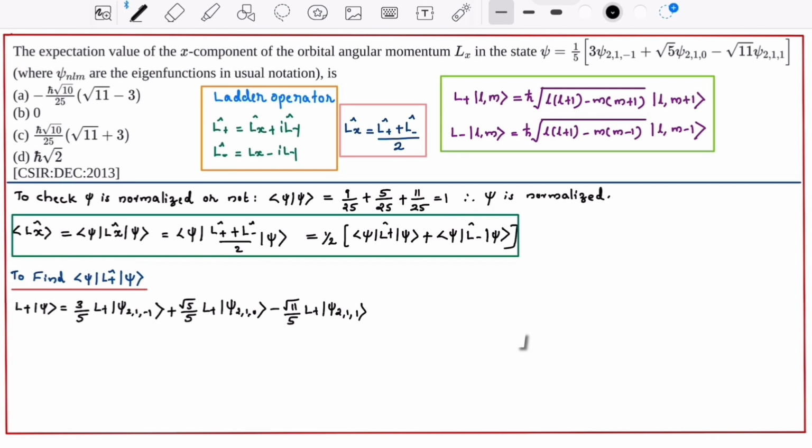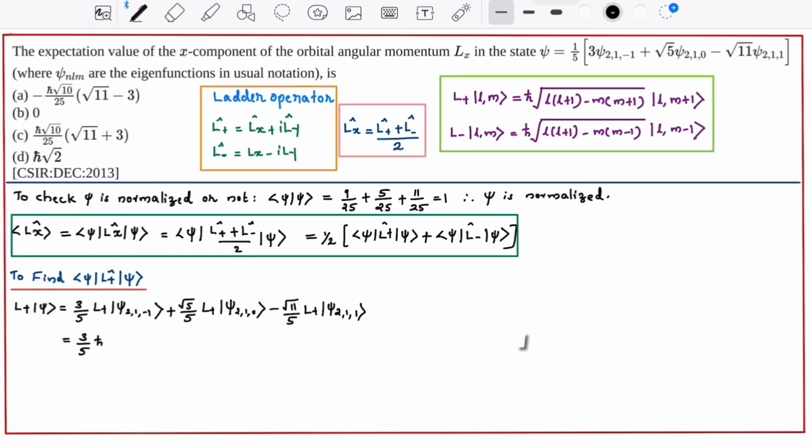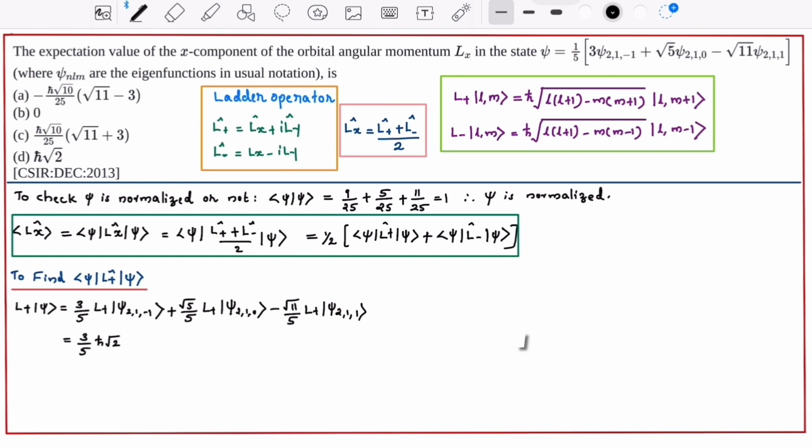Now let us use the formula for L plus on lm. You will get L plus psi is equal to 3 by 5 h bar root 2 psi 210, plus root 5 by 5 h bar root 2 psi 211, minus root 11 by 5 h bar into 0.